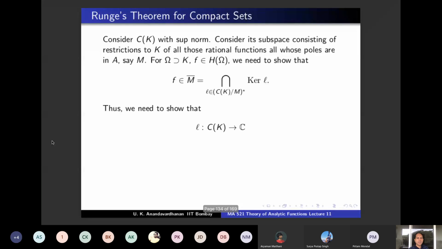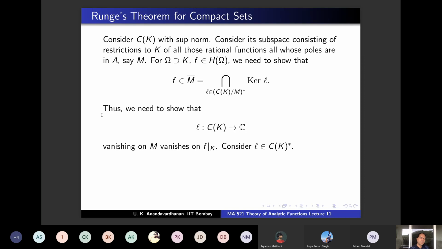So we need to show that L on C(K), which is identically 0 on M, vanishes on F also, which vanishes on F restricted to K, right? F restricted to K is what we are going to consider, and any such linear functional on C(K) vanishes on F restricted to K.